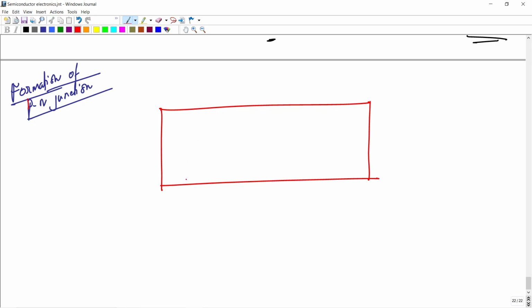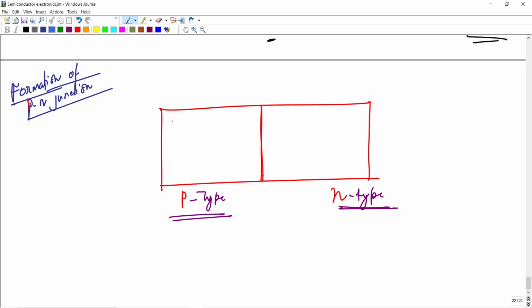and that is called N region. Okay, so the P region, we know that is P type semiconductor, and that's the N type semiconductor. Obviously these two are extrinsic semiconductors, and you know that the P type has the majority carrier as hole and the minority as electron.